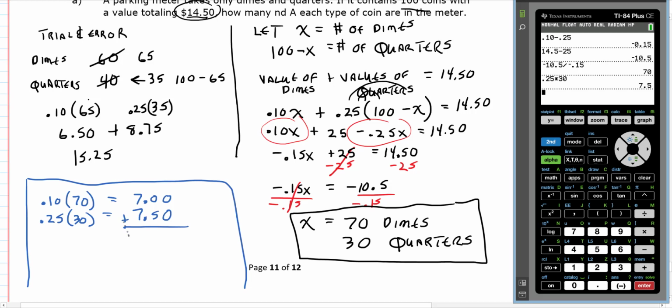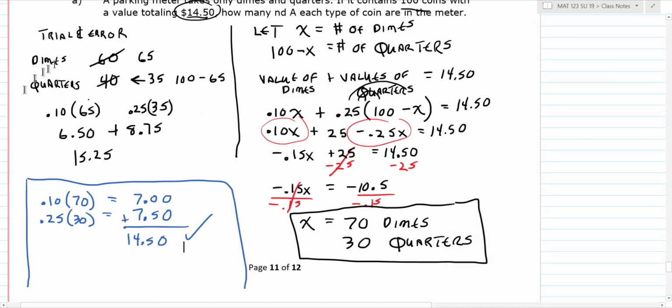Then if you just add the money, that gives you $14.50, which was what we're supposed to get anyway. So if I would have guessed 70 and 30, I would have got the problem quickly that way, but it's hard to guess. But to me, this kind of trial and error guess and check method helps students understand how you build an equation better.